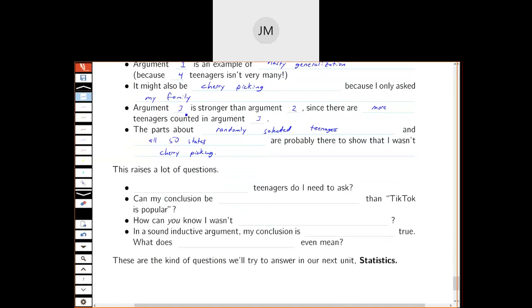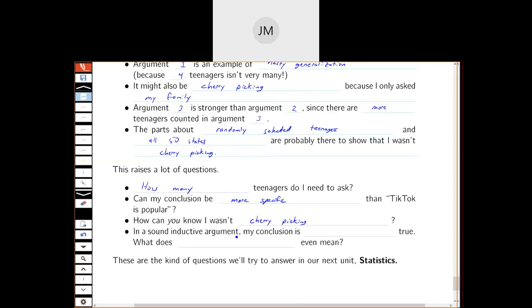All right, so how many teenagers do I need to ask? Okay. Can my conclusion be more specific than just TikTok is popular? How can you know I wasn't cherry picking? Okay.